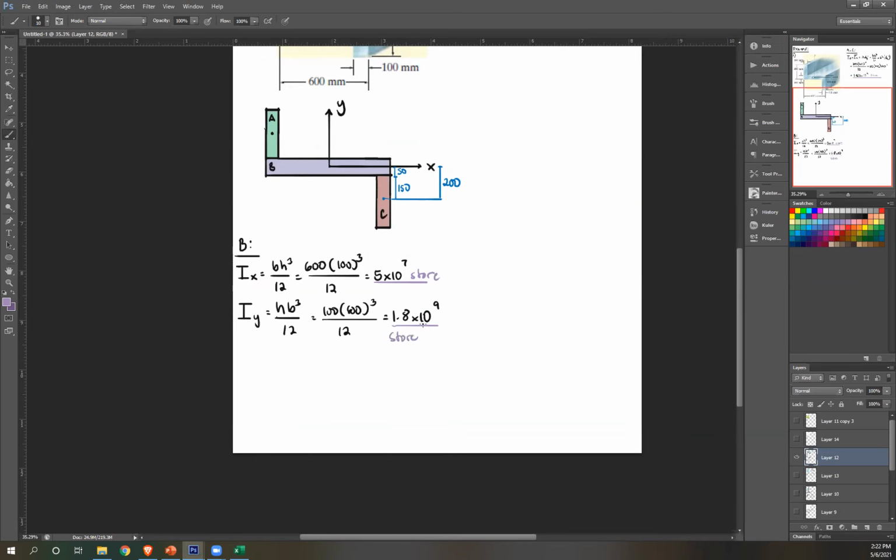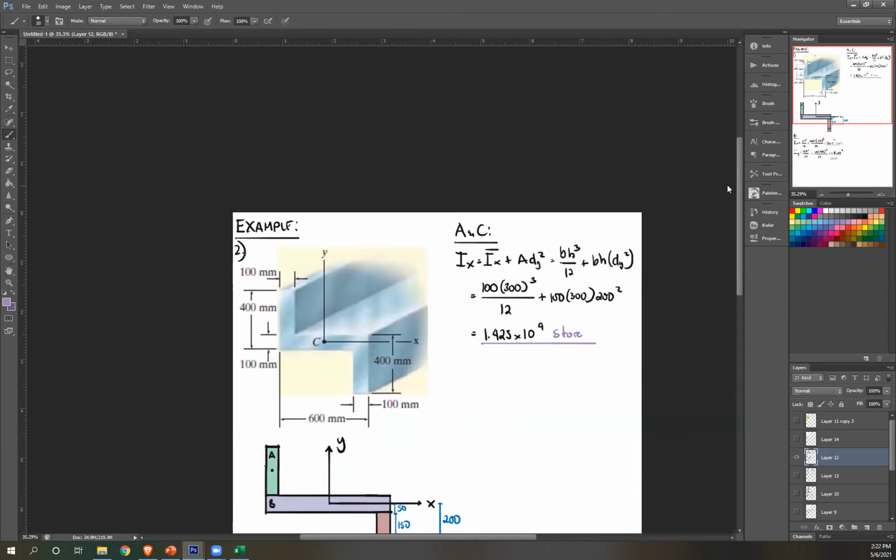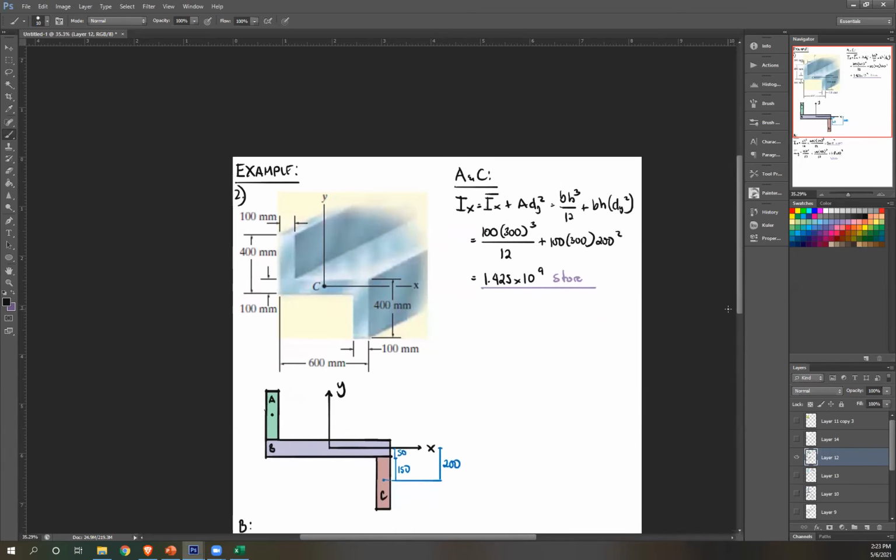Yeah, squared. Okay. So this is the same for A and C. Once again, because they have the same area and their centroids are the same distance from your x-axis, which is also 200.